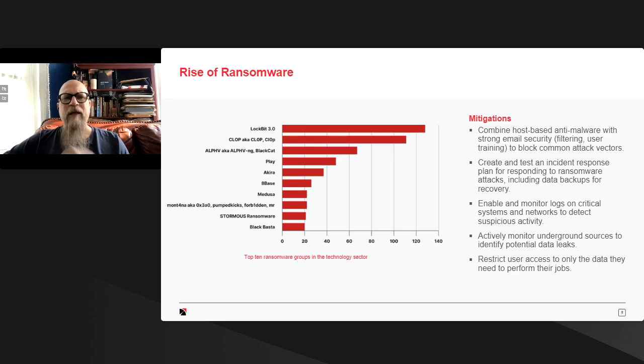You may recognize Alfie and Black Hat, Alfie/Black Hat, depending on whom you talk to, with the MGM breach. So when MGM was compromised last summer, it shut down their operations for close to a week internationally. This was a group called Scattered Spider, which was an affiliate of Alfie Black Hat. So they're using Alfie Black Hat's tools and ransomware to infect MGM.